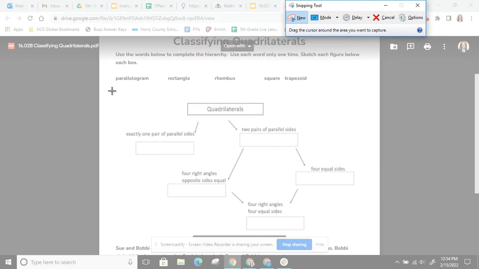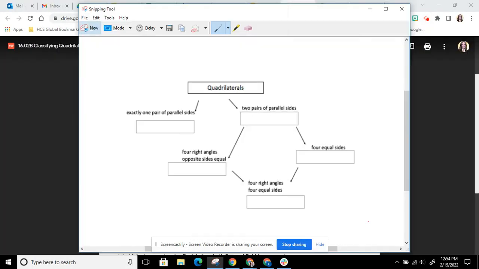So I would write in that answer, trapezoid. Then underneath, I would draw a trapezoid, sorry, that's really messy. So that's what a trapezoid looks like.